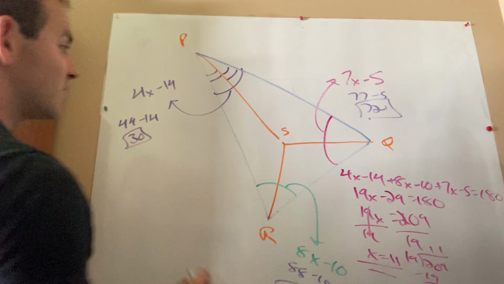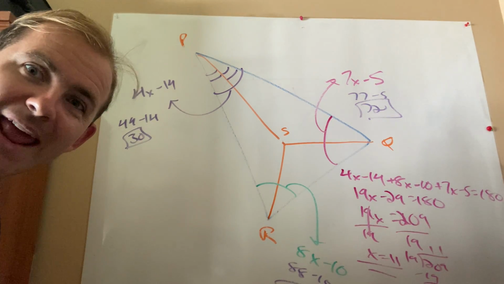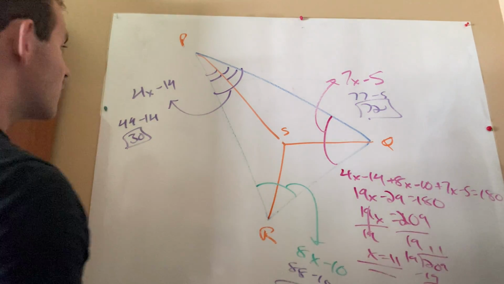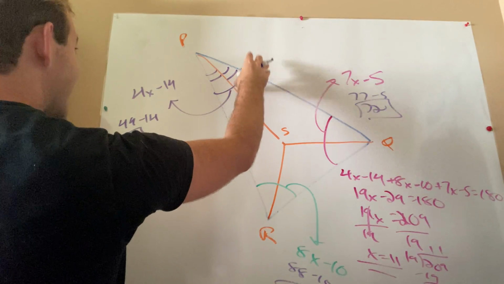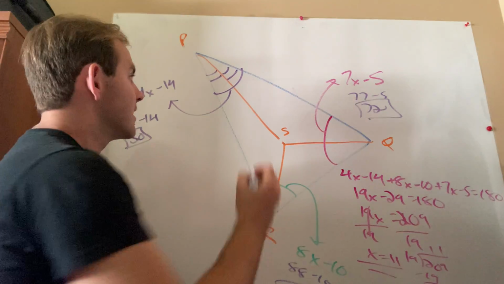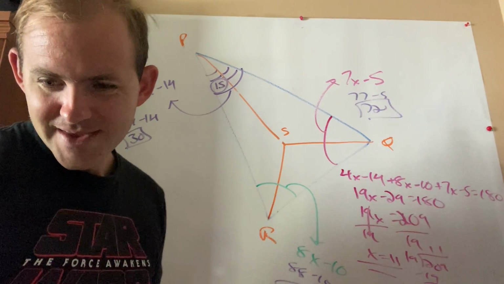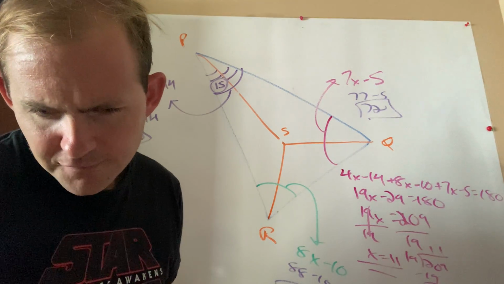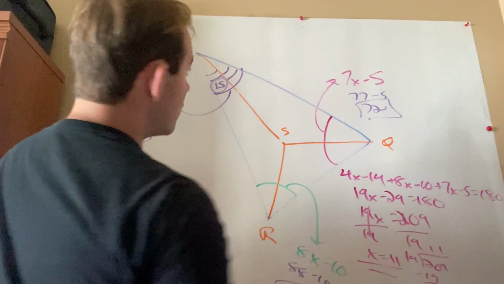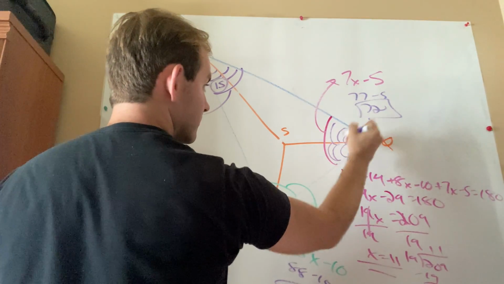Well, look guys, because it's an angle bisector, what does an angle bisector do to an angle? An angle bisector splits an angle into two equal parts. So if this whole thing is 30, what's this piece? It's going to be 15. Okay? Similarly, what if they ask you for PQS? They want this itty bitty one right here, right?